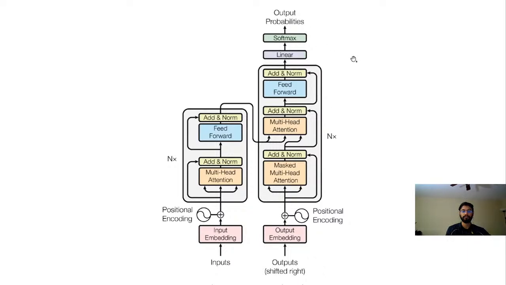All right. So before we go through the attention part in a little bit more detail, first of all, we have this NX right here, which is this block, which we call the decoder block, is going to be repeated a couple of times. And similarly for the encoder.